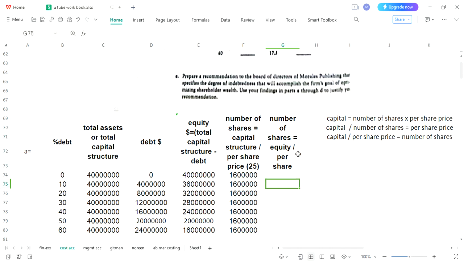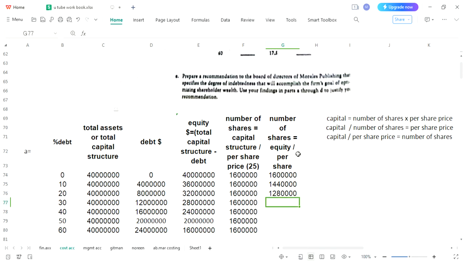So for this, you can see that our equity was 40 million divided by 25. First number of shares would be the same as we have put over here, and then for the second, your equity was changed to 36 million and it would be divided by 25. We have got our second number of shares, and then we have 32 million divided by 25.